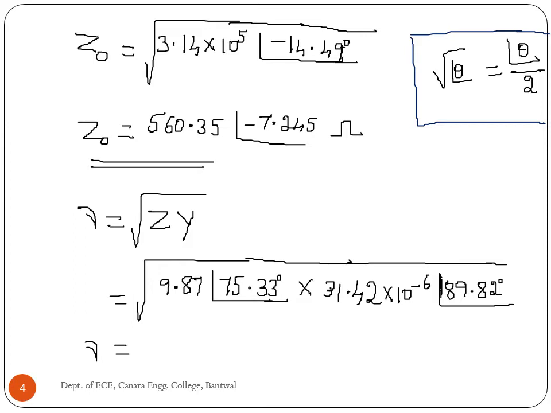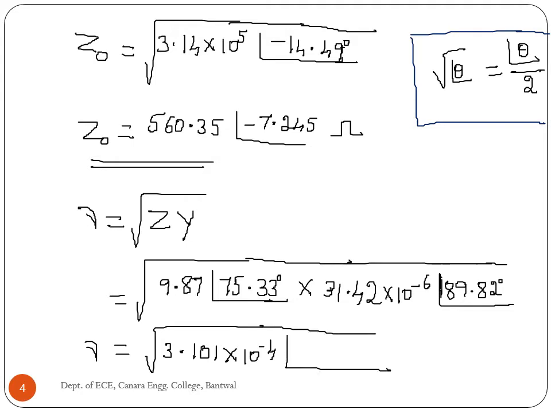9.87 multiplied with 31.42 into 10 to the power minus 6, we will get 3.101 into 10 to the power minus 4. After adding angle 75.33 and 89.82, we will get 165.15 degree.